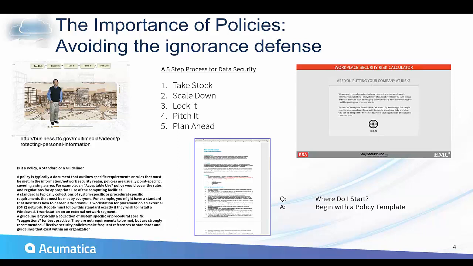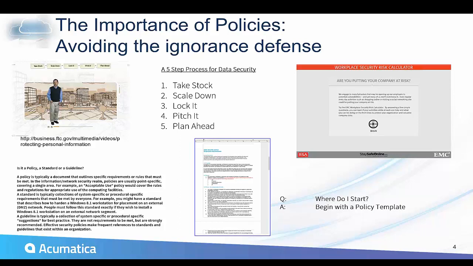Now, let's just talk about policies for a second, because the best place to start is to make sure you have data security policies in place. So the best way to start off with a policy is you can begin with a policy template. Now, the screenshot that you can see here right now is just a simple policy template that I found by doing an internet search, okay?